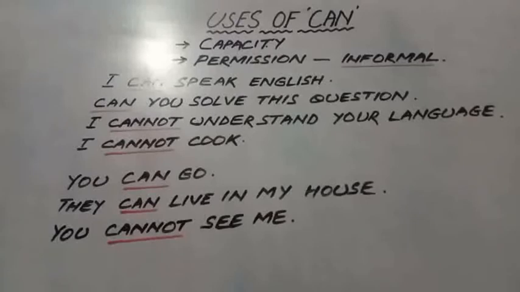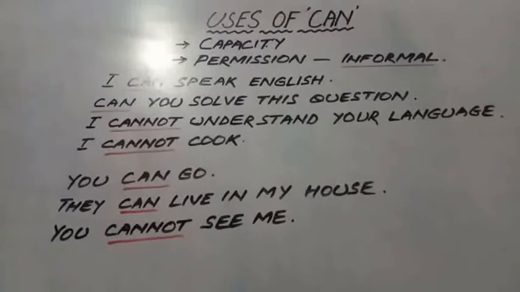Then question number 5. Now in question number 5, you see the statement is you can go. So when I say you can go, this sentence is talking about permission, but in an informal way. Can I go?